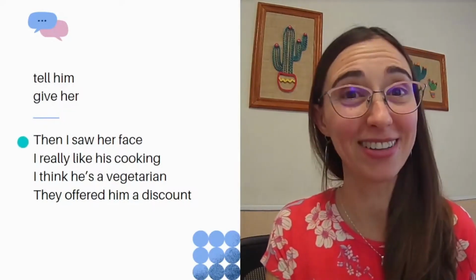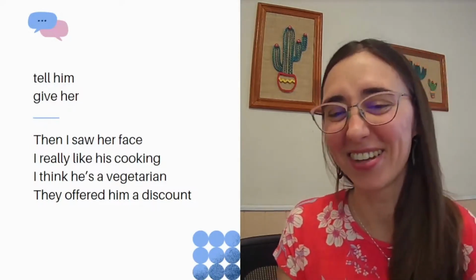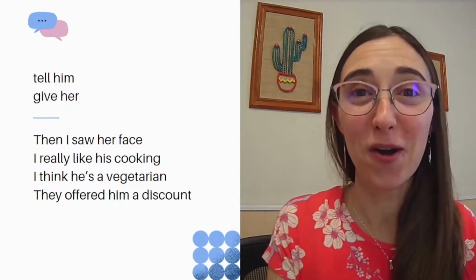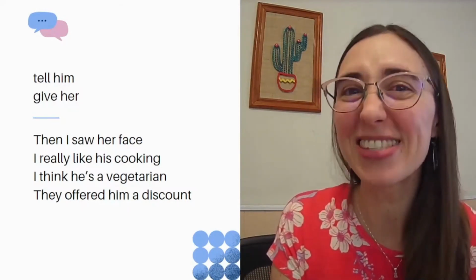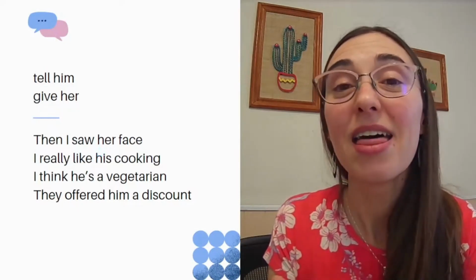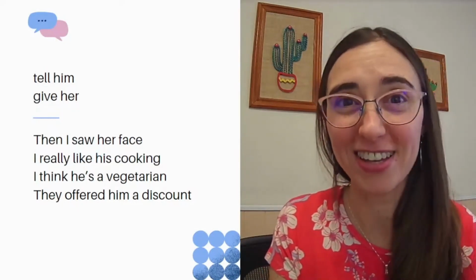Okay, this is from Shrek, the film. "Then I saw her face," remember? "I'm a believer." Okay, what happens here? When we finish the class, go and check this song, listen to it, and you're going to hear something like "then I saw 'er face."